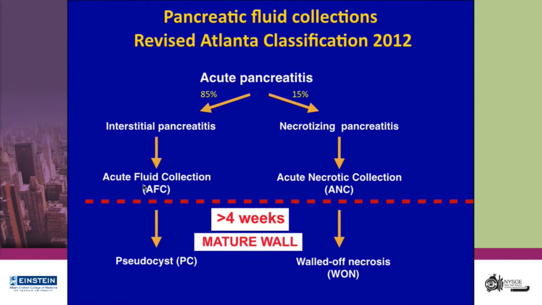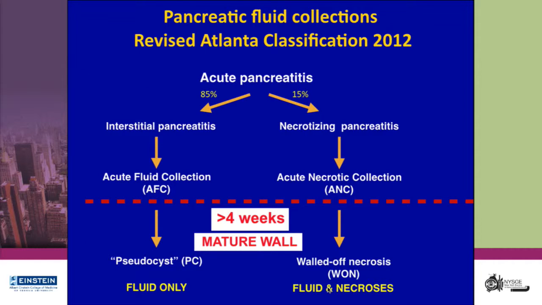Now, if an acute fluid collection persists for more than 4 weeks and develops a mature wall, then we call that a pseudocyst. If an acute necrotic collection persists for more than 4 weeks and develops a mature wall, we call that walled-off necrosis. What is key is that a pseudocyst contains fluid only, and a walled-off necrosis, or WON, contains both fluid and necrosis.